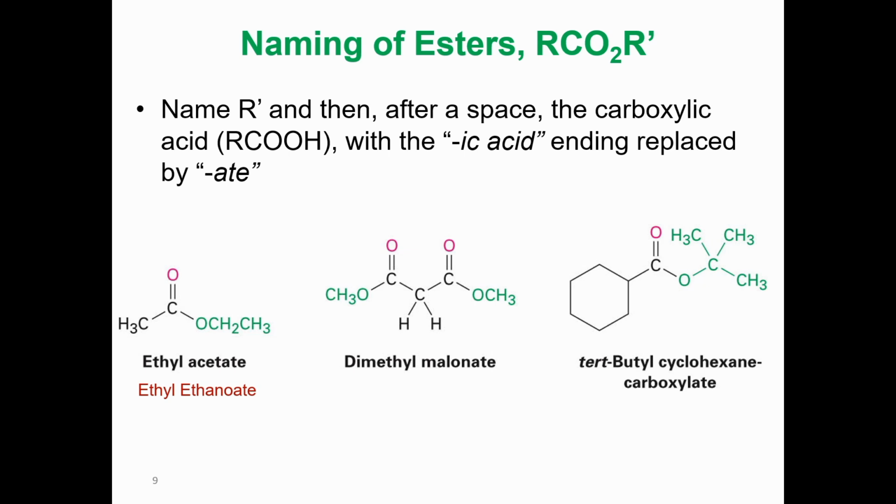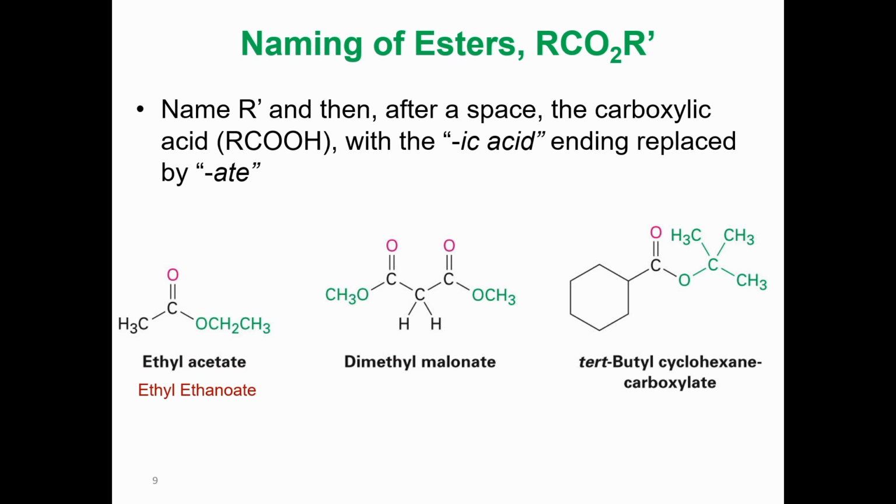The example we have here is ethyl ethanoate. Look at the carbon that bears the carbonyl. So the carbon next to it is the acid precursor. The one that is highlighted in green is the alkyl, which is from alcohol as precursor. So that's the same way esters are named.